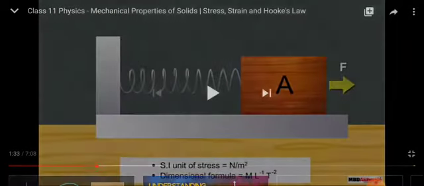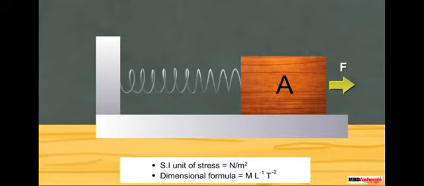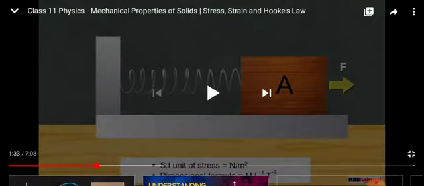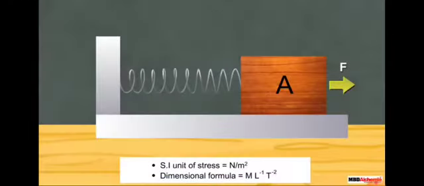Here clearly we can understand the concept of stress. So this wooden block is attached to the spring. So when external force F is applied on that wooden block, what happens?